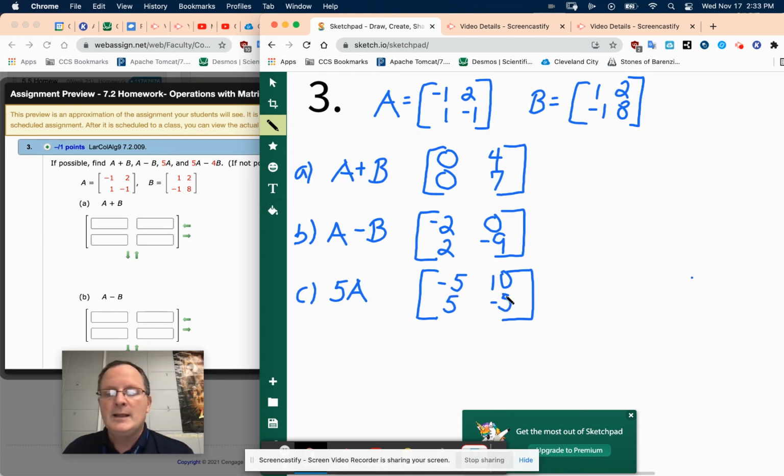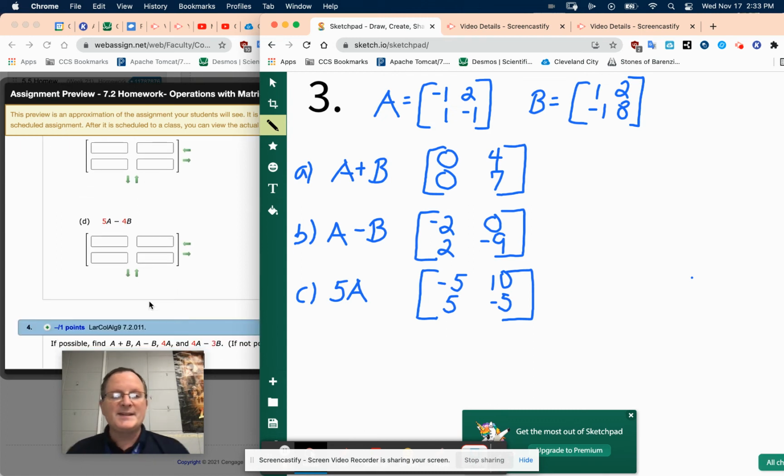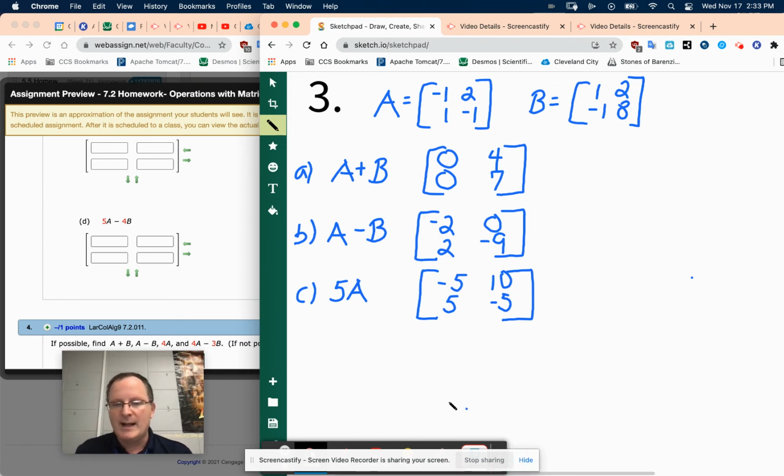All right. And then D is a little different because it has you do a couple of scalar multiplications and then a subtraction. So let's get that out of the way so we can see. So on D, all right, it wants me to do 5a minus 4b.